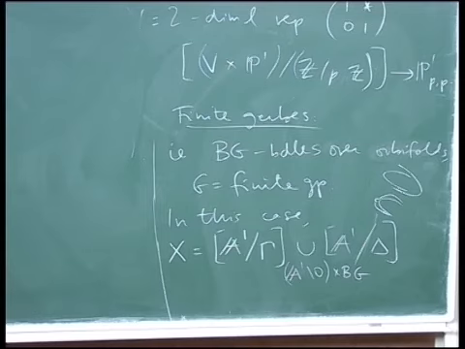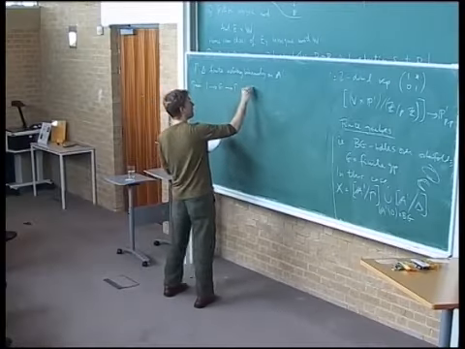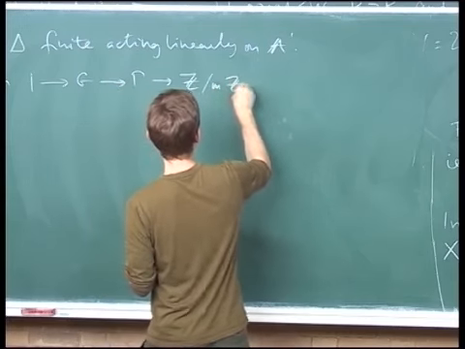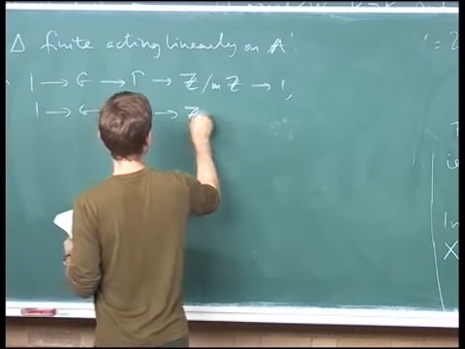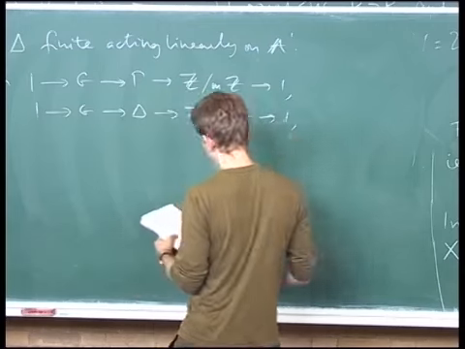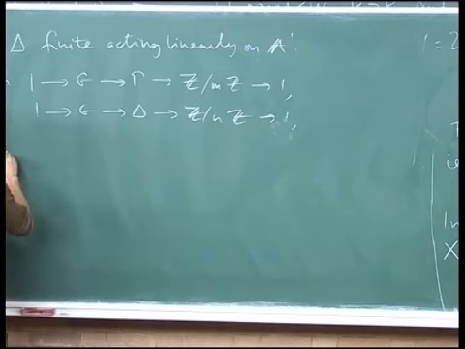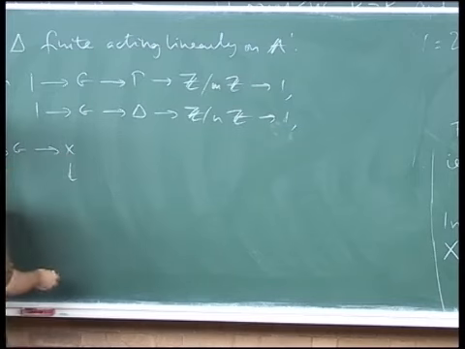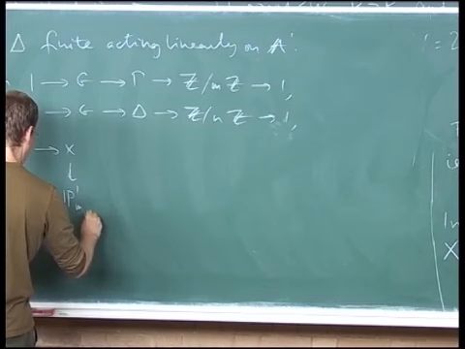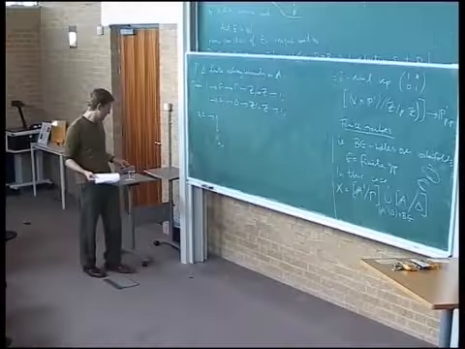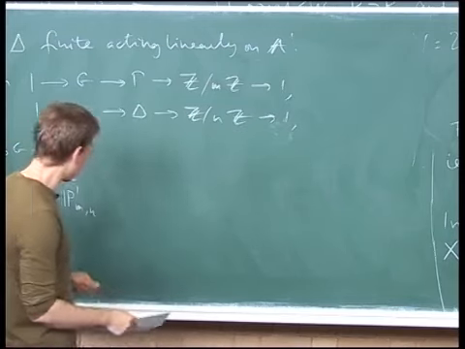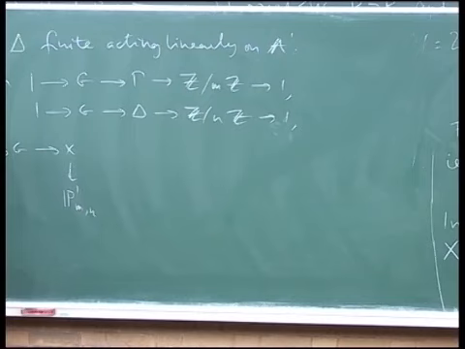Anyway, the part that acts effectively, of course, is just a cyclic group. And the part that acts trivially is this normal subgroup G. Morally speaking, this is a BG bundle over the football, where G is this stabilizer group that acts trivially everywhere.